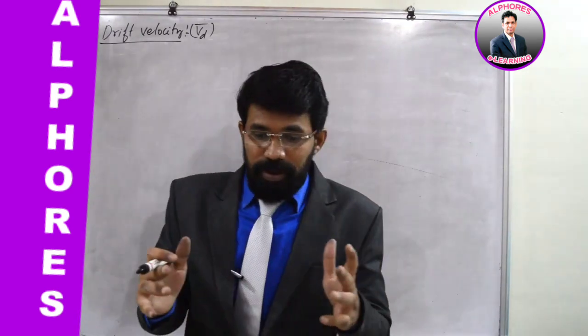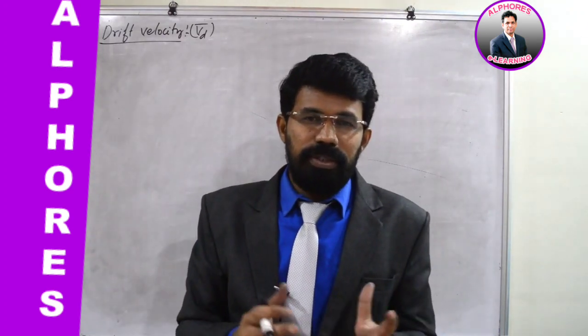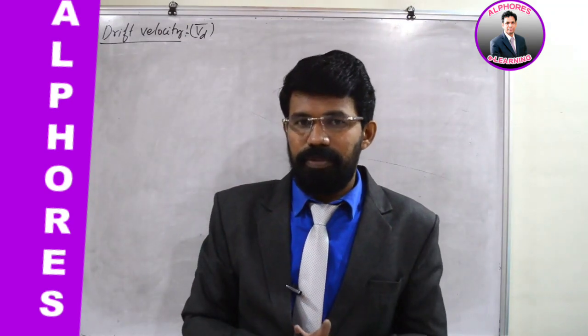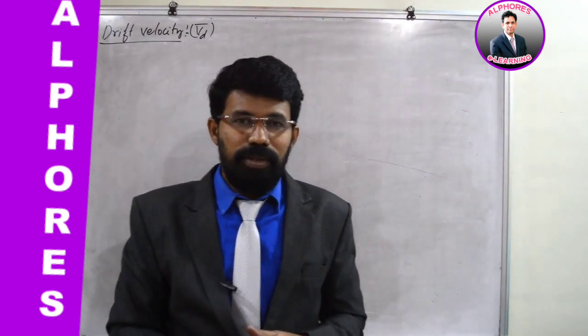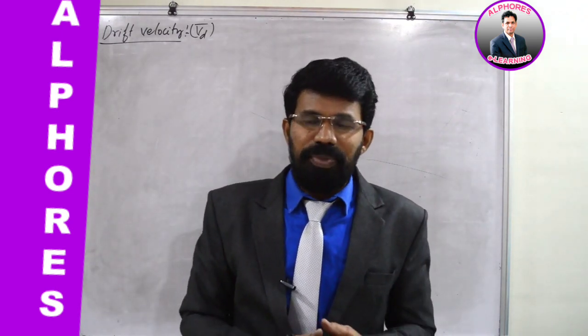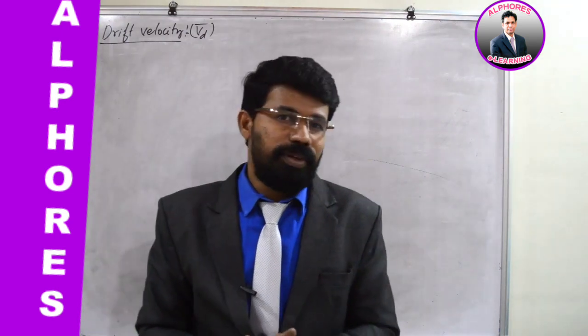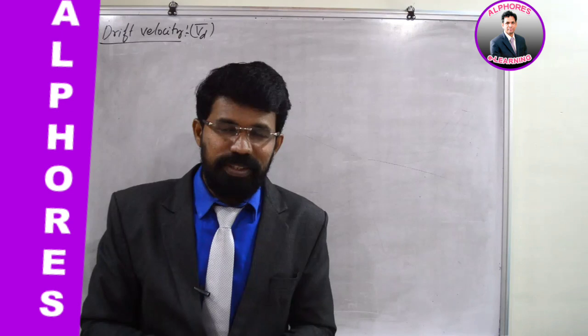See, I told you the conductor contains several electrons, plenty of electrons. The number density is very high, 10 power 29 per meter cube. If such a huge number of electrons are present inside, and all will undergo drift at a time, then obviously all electrons do not possess the same drift velocity, because they suffer collisions with the atomic sites, isn't it?